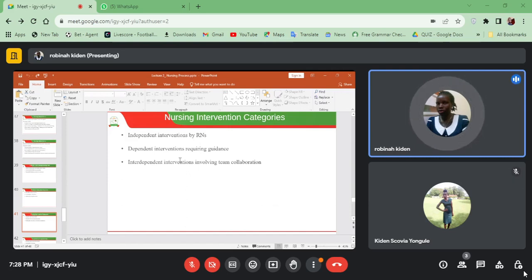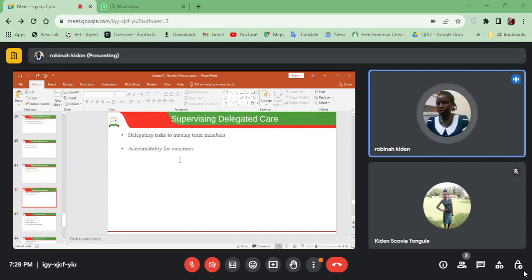If you are a senior and you give work to a specific nurse who is junior to you, you will be accountable for that work that has been done. For example, if the work you delegated is passing of the cannula.